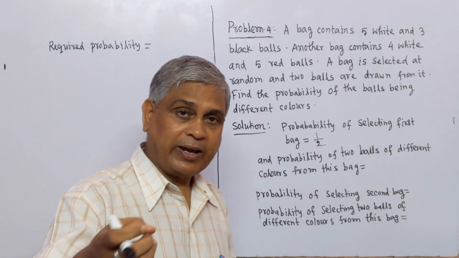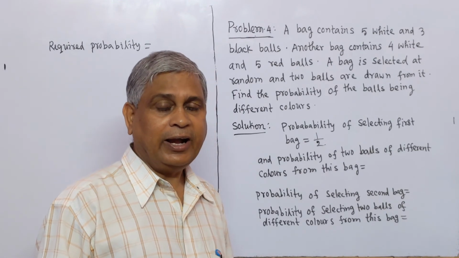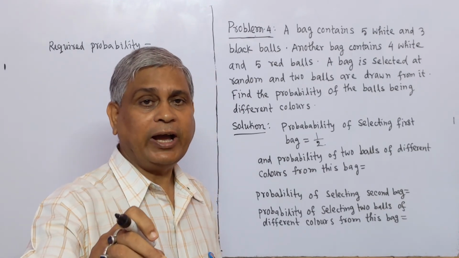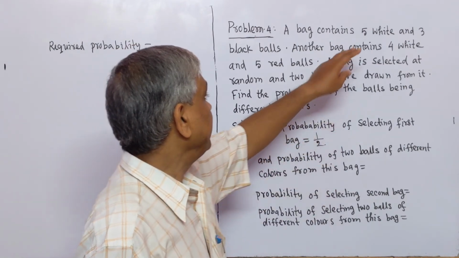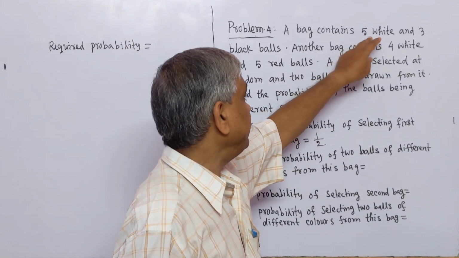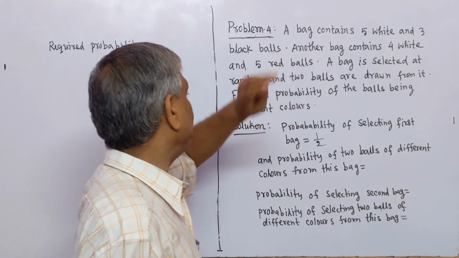Now first bag is selected and from it we have to select 2 balls of different color. Here we have in the first bag 5 white and 3 black balls.